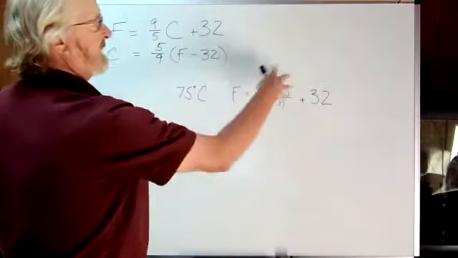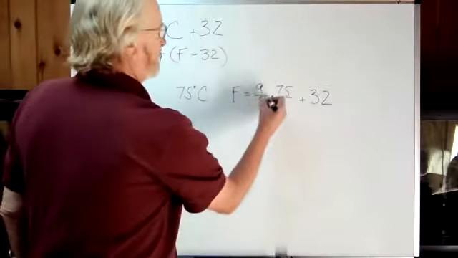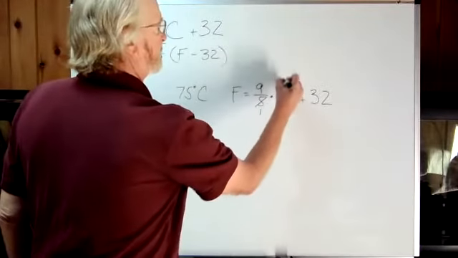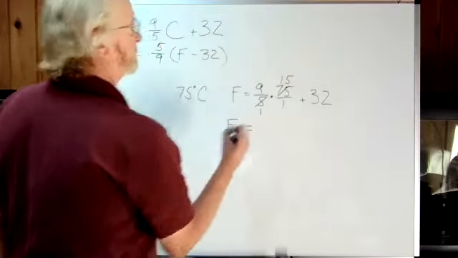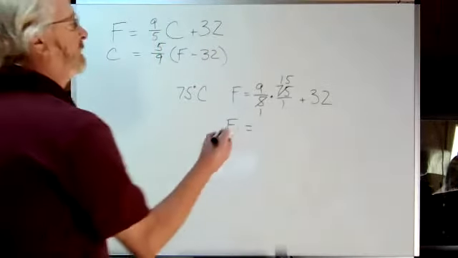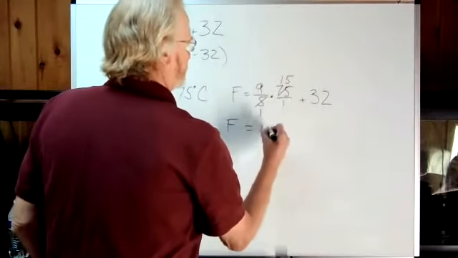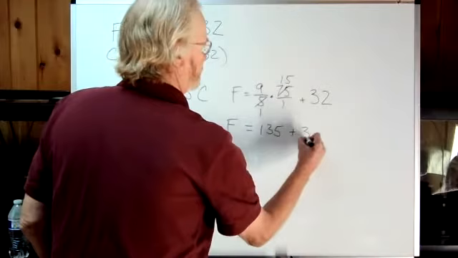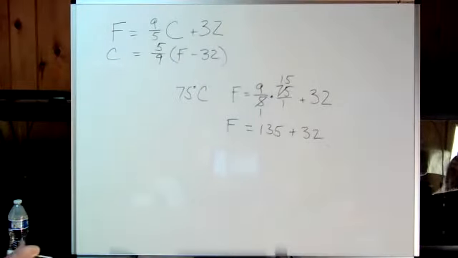This was 75 times that fraction. You can do this in your calculator, but I could cancel some 5s here. That's a 15. And see, 9 times 15, 45, carry a 4, 135 plus 32. I did that in my head, hope I did that correctly, but you can check your calculator.